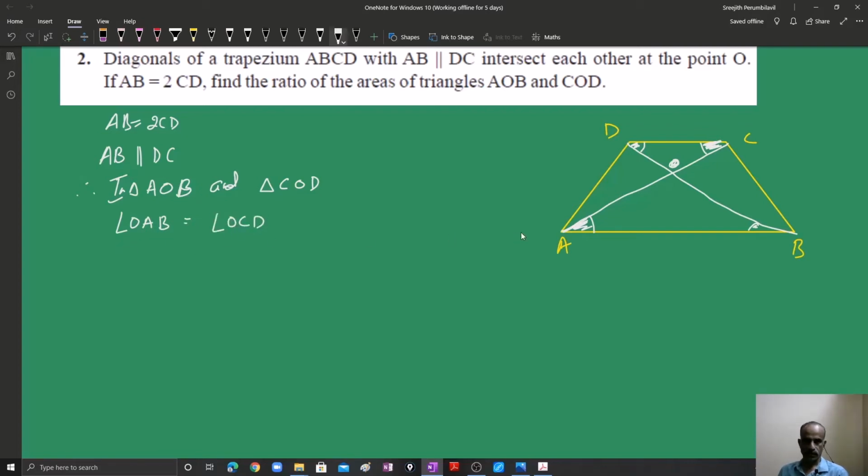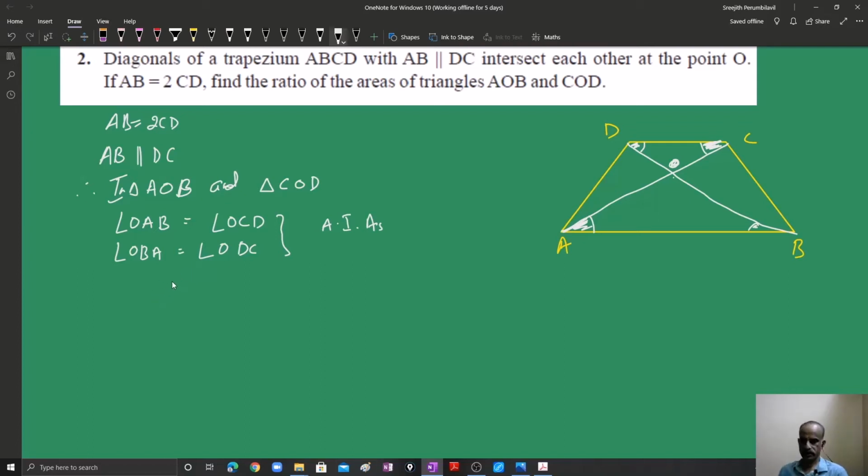Similarly, angle OBA is equal to angle ODC. Those are alternate interior angles. Fine, alternate interior angles.